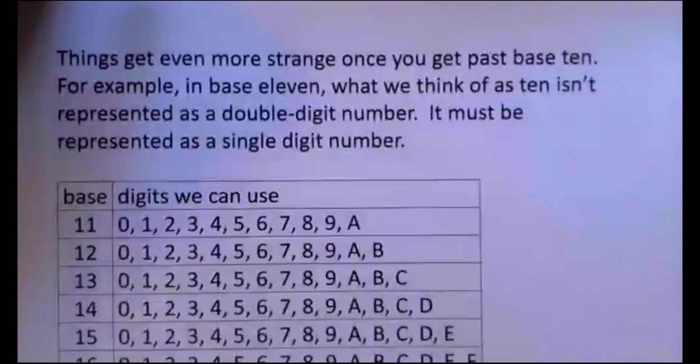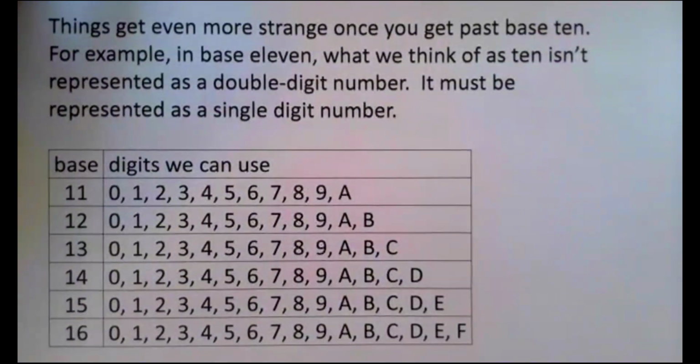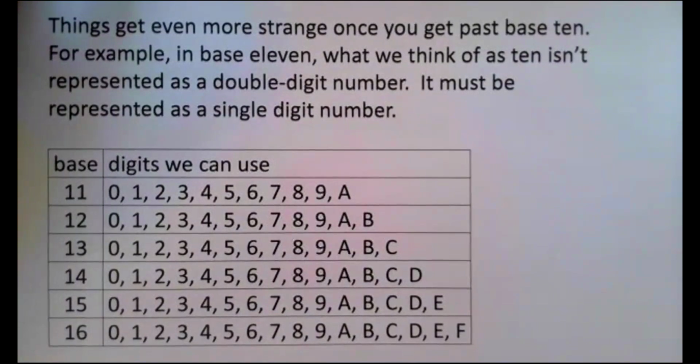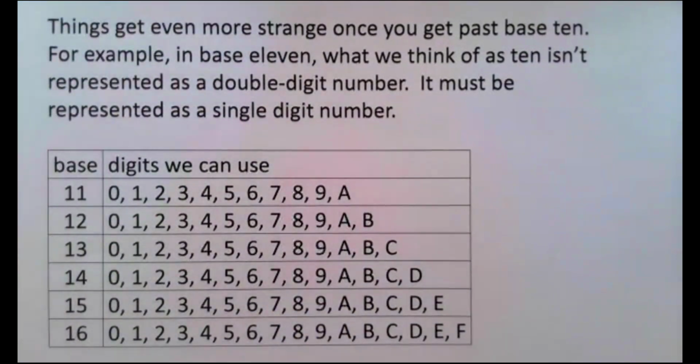There's also something else we just saw on the screen share. Once we get past base 10, we sometimes start using letters. I don't think I need to talk about that too much. And then the next page, same thing.